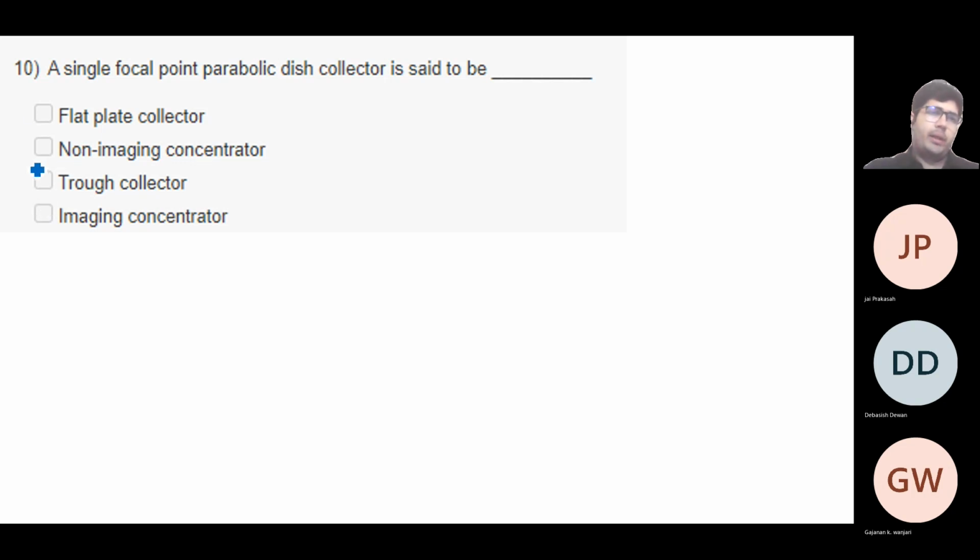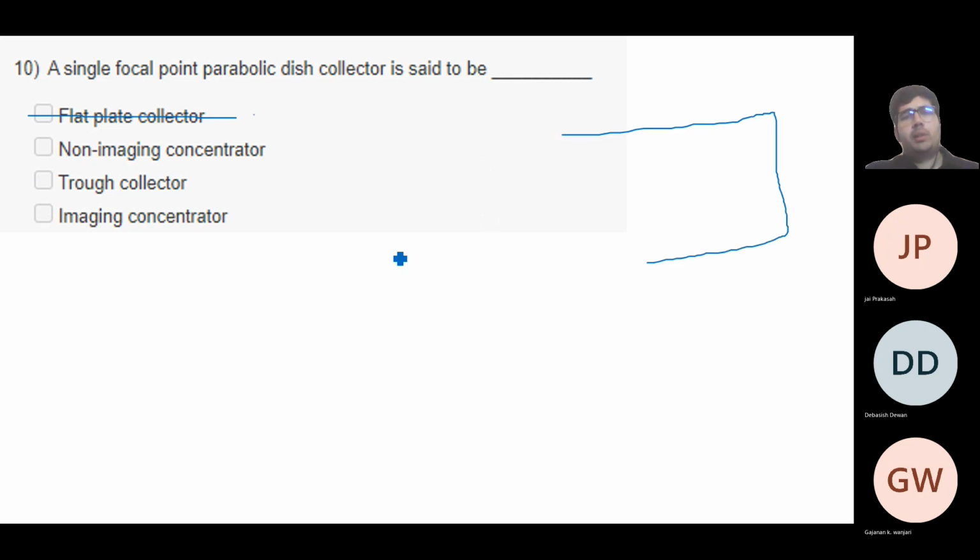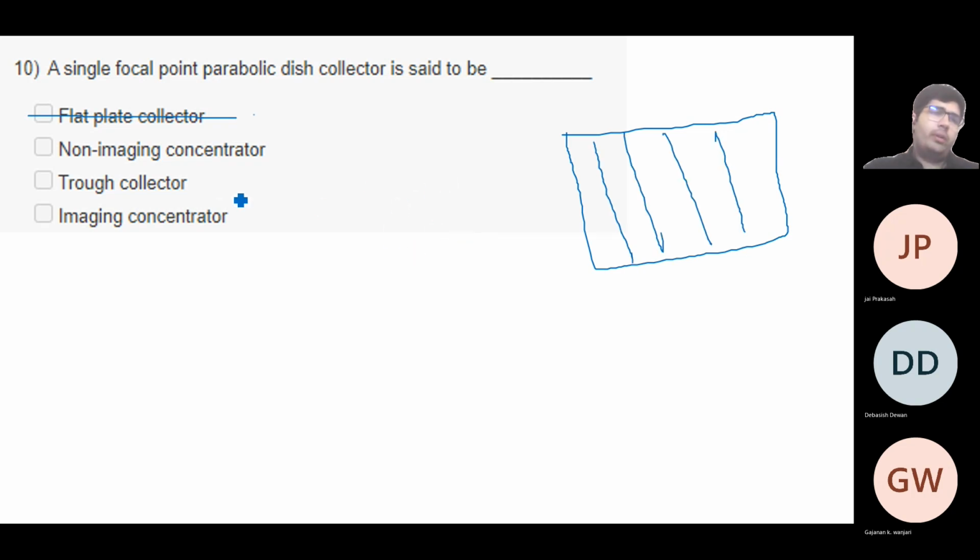The first option cannot be correct, because in a flat plate collector we have an enclosure in which some tubes, a flat plate, and some glass are there. We are not concentrating the solar radiation to a particular focal point, so it cannot be correct.